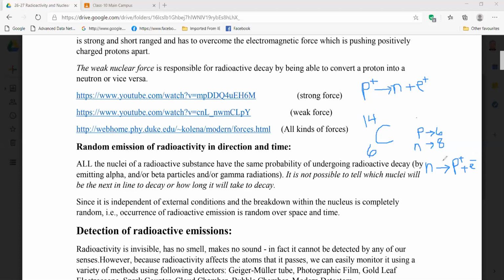So here we got a neutron converting to a proton and electron. Why? Because the number of neutrons is more in this nucleus. In some nuclei, it happens that the number of protons is more and the number of neutrons is less. That time this one happens.